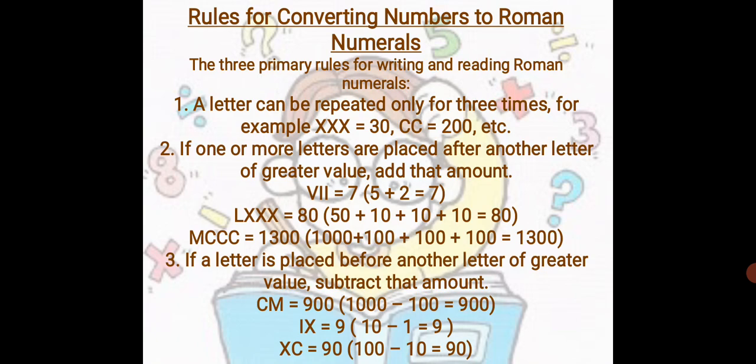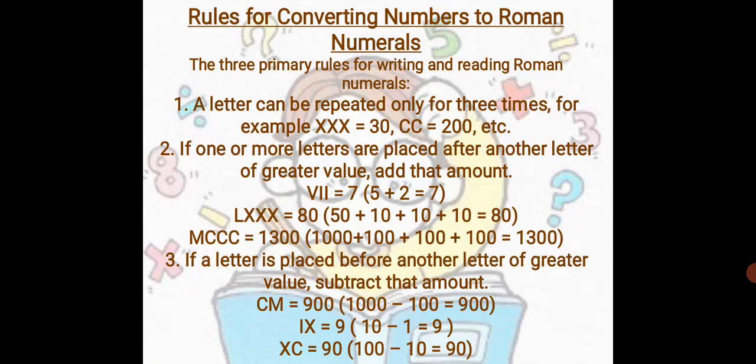Number 2. If one or more letters are placed after another letter of greater value, add that amount. Just a few minutes before I told you, if they are placed after another letter of greater value, then we have to add all those amounts together.